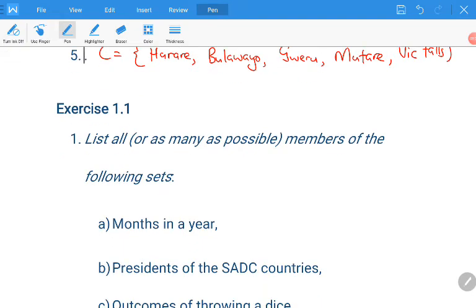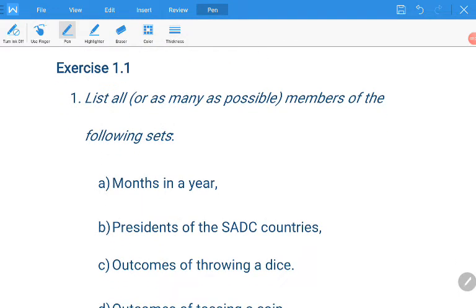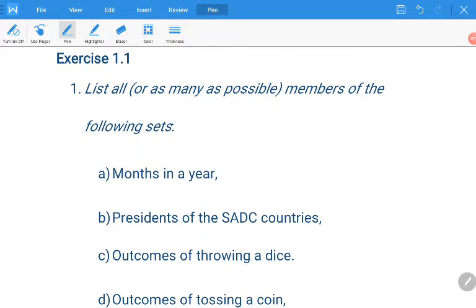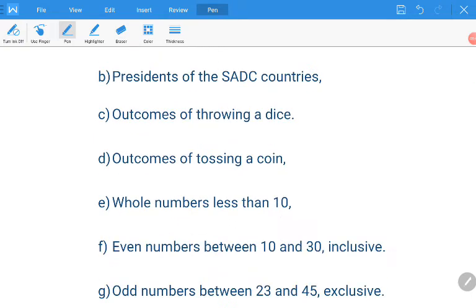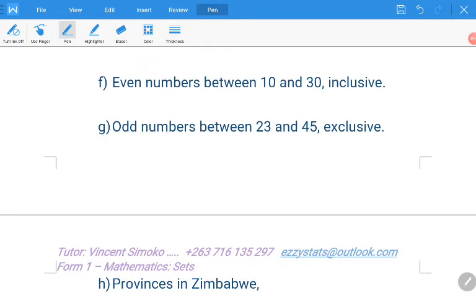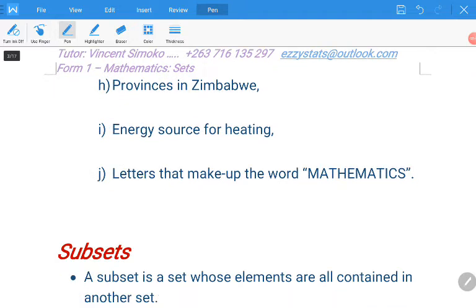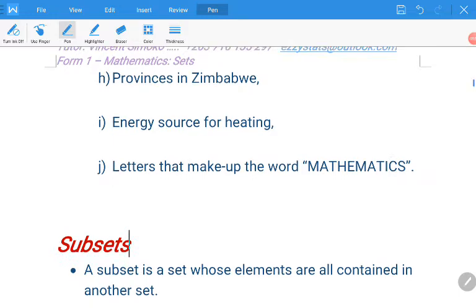So, using what we have done so far, you should be ready to do the first exercise that we have for this topic. So I want you to look at this exercise, do it in your own time. If there are any challenges, I will be happy to assist.